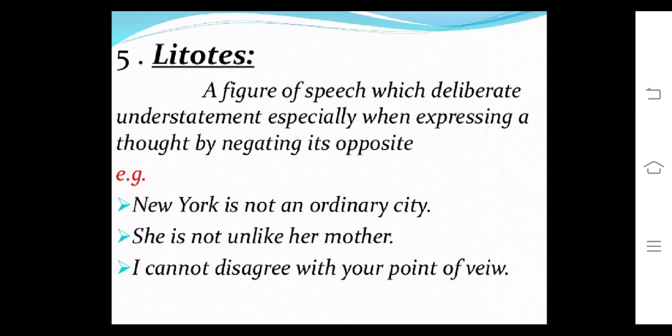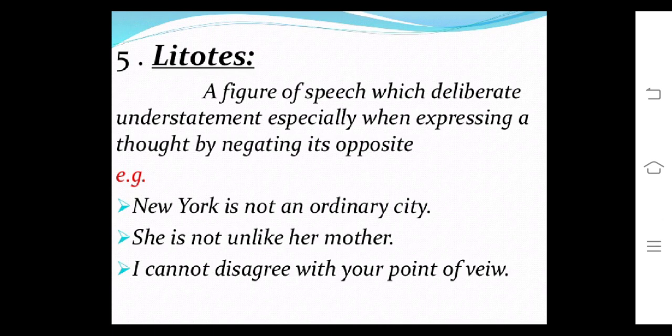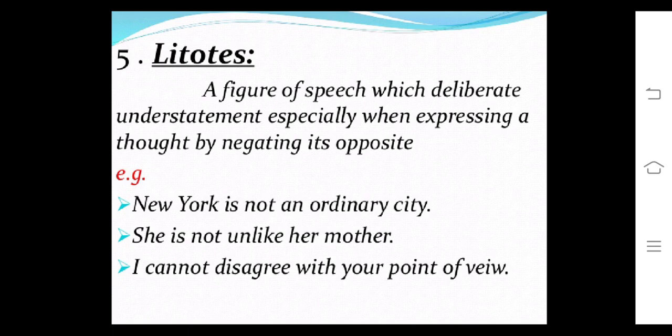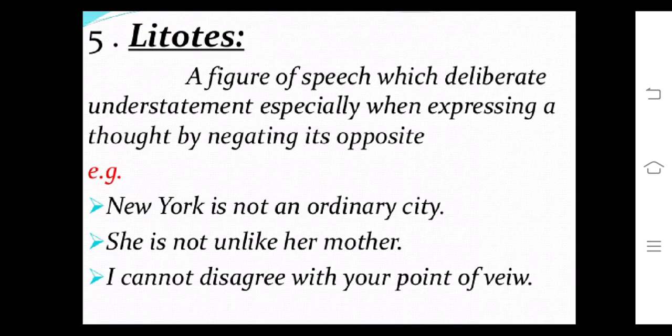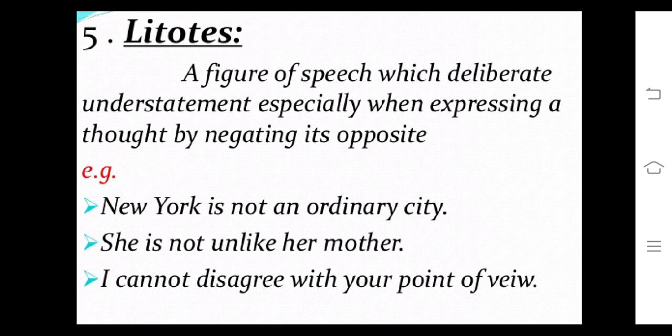I can't disagree with your point of view, meaning I agree with your point of view. Instead of saying it straightforwardly, it uses opposite words and makes the sentence mean the same. Like here, New York is not an ordinary city, instead of saying New York is an extraordinary city. Okay, so next we'll move on to the next slide.